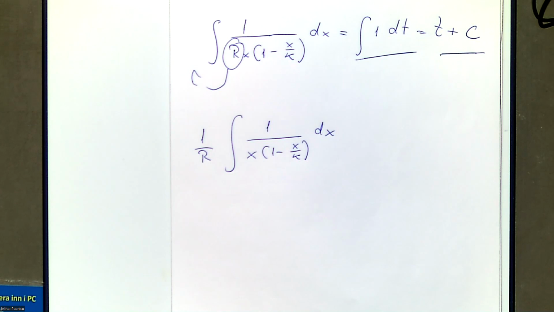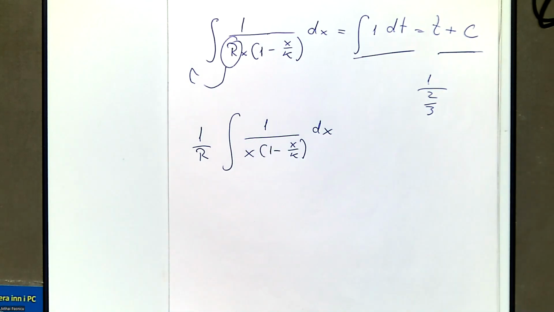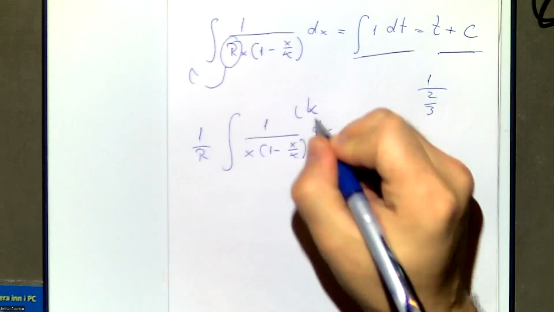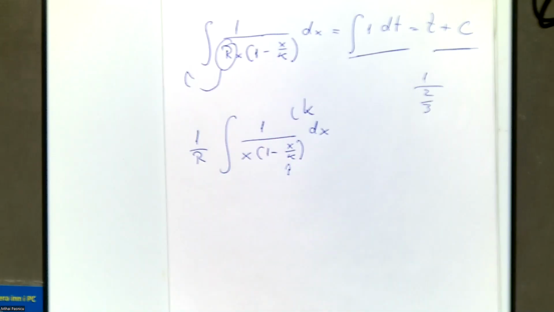Okay. Now, my next plan is that I hate fractions. I hate stuff that looks like this, 1 over 2 over 3. So I want to get rid of it. So I'm just going to multiply everything with a k. Right? Because I want this k to go away. That's my plan.